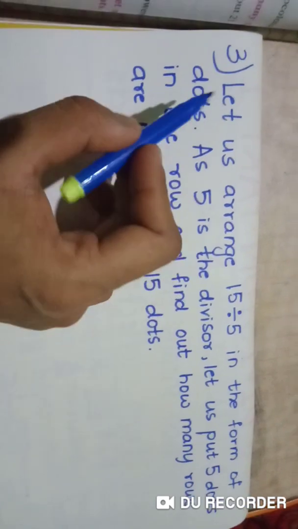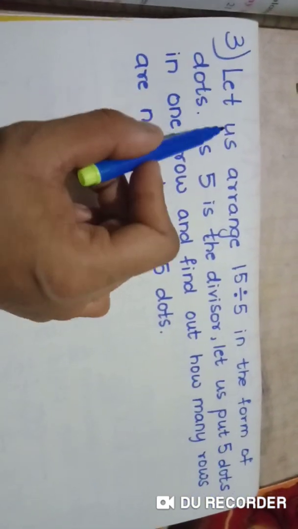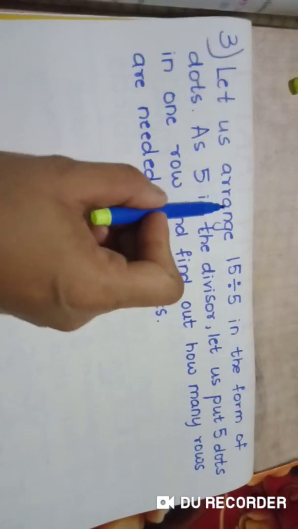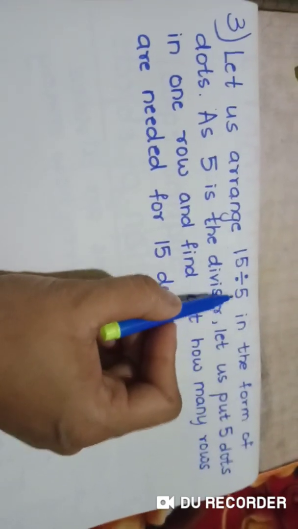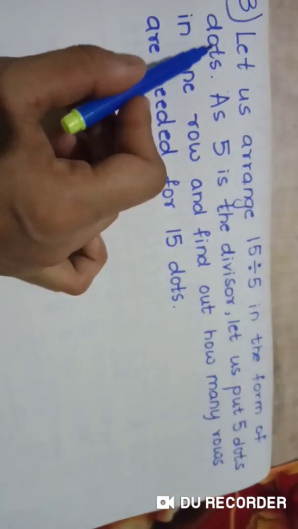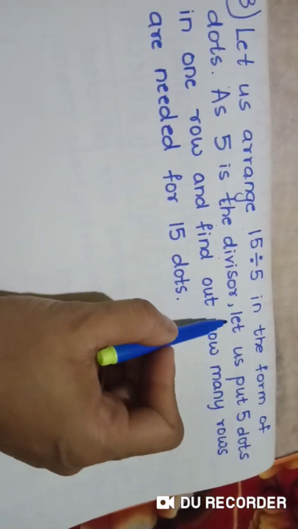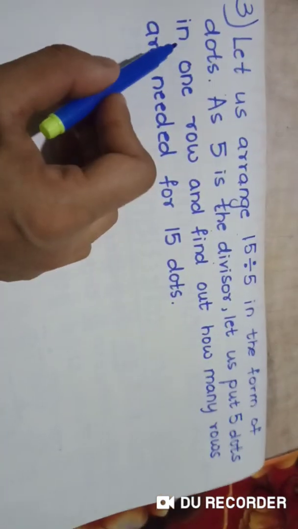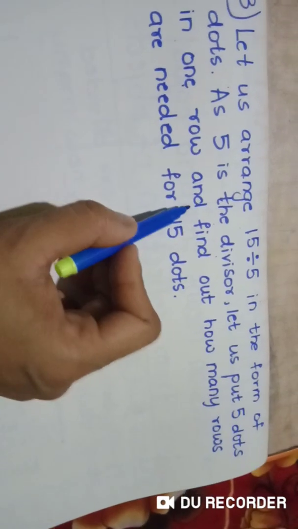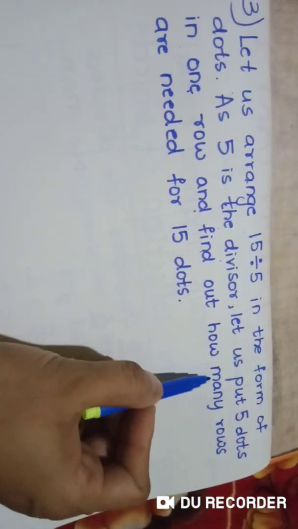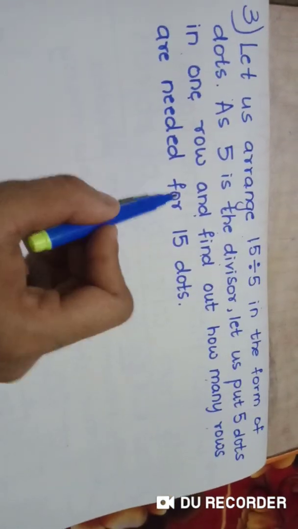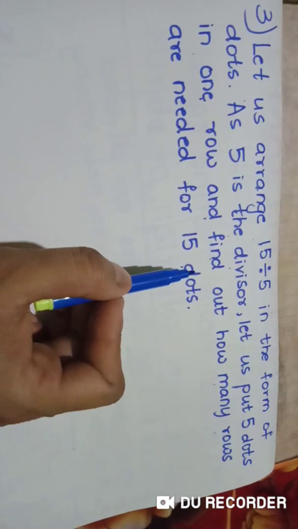Let us see now the third example. Let us arrange 15 divided by 5 in the form of dots. As 5 is the divisor, let us put 5 dots in one row and find out how many rows are needed for 15 dots.